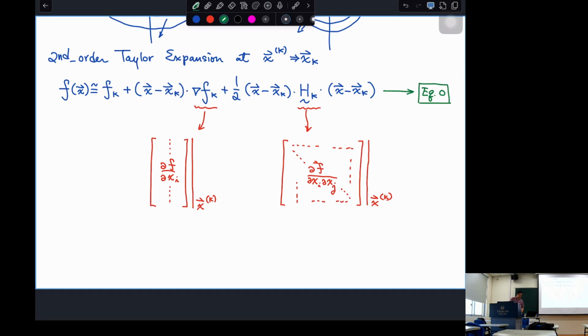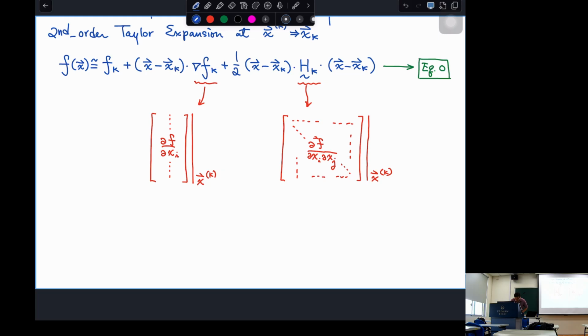Now what I'm going to do next is to take the gradient of this particular equation. Basically it's taking the first order partial derivatives.